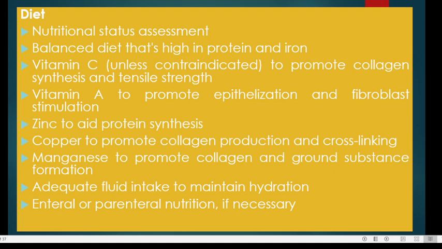Zinc is used to aid in protein synthesis. Copper is used to promote collagen production and cross-linking. Manganese is important because it promotes collagen and ground substance formation. Then you have adequate fluid intake to maintain hydration. And lastly, enteral or parenteral nutrition if necessary for that case.